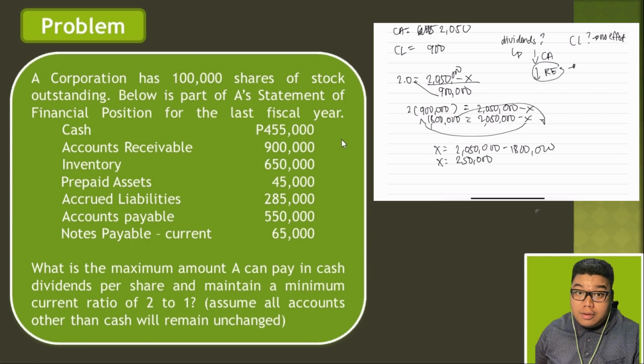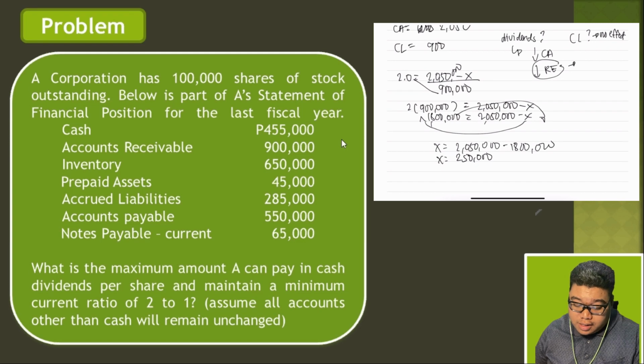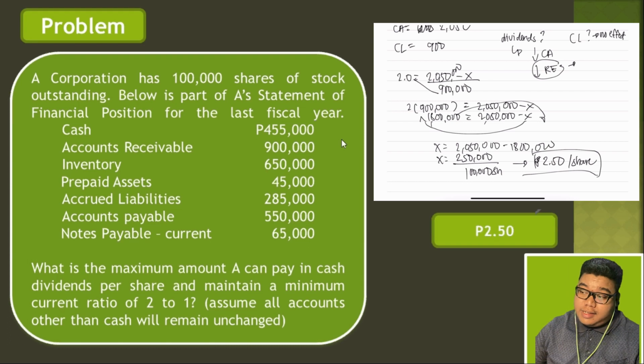That is the total value of the dividend. We divide that by the number of shares, which is 100,000 shares. So the dividend is 2.50 per share. That would be our answer.